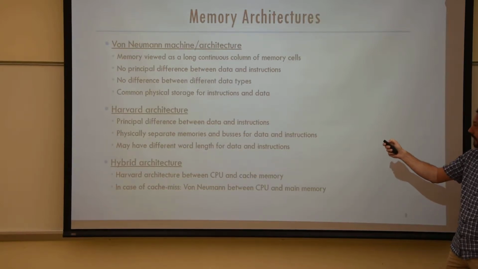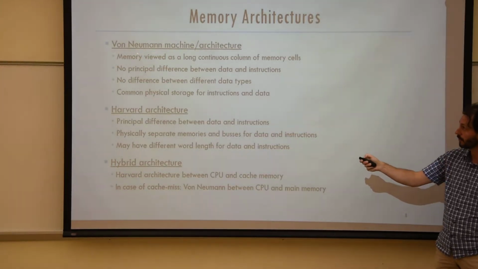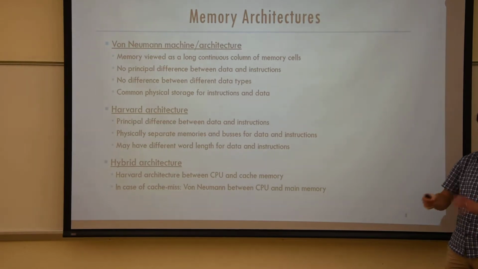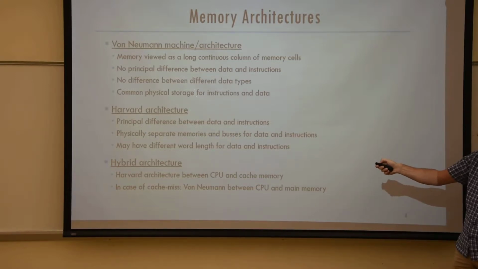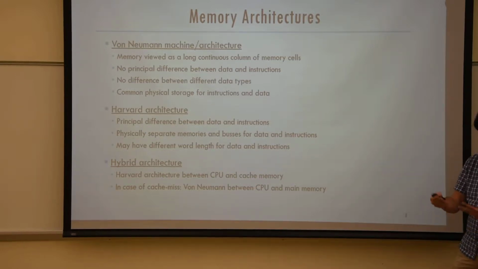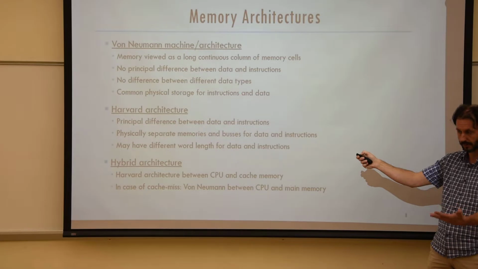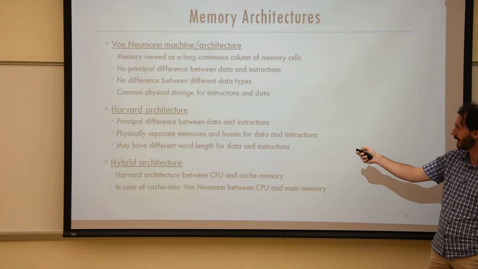So when you look at memory architectures, there are essentially 2 kinds. The von Neumann architecture is one in which the memory is viewed as one big memory that contains both instructions and data. When you just look at a memory, there's no difference when you look at what is being stored there. It seems all the similar type of data, but it is a mixture of instructions and data.